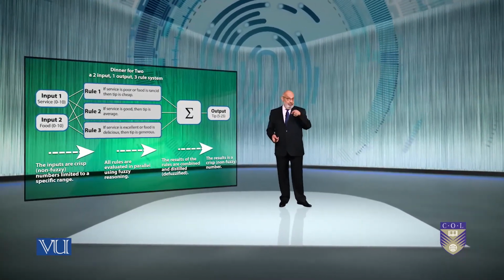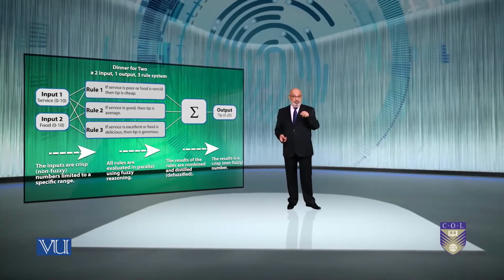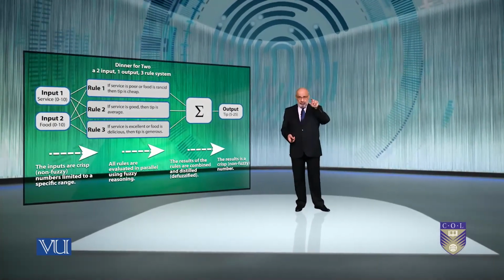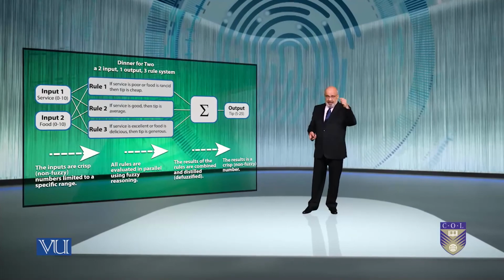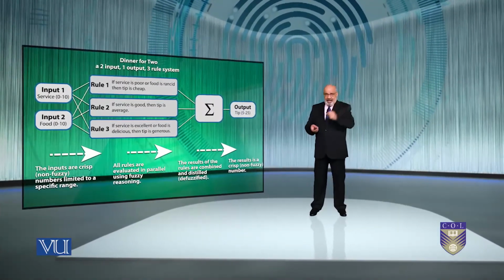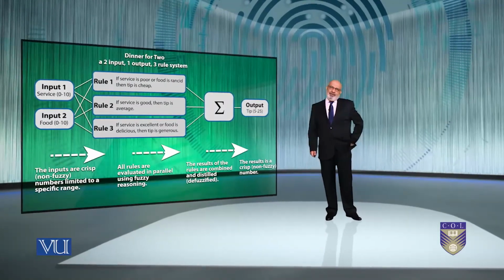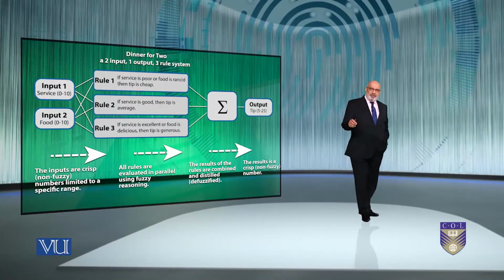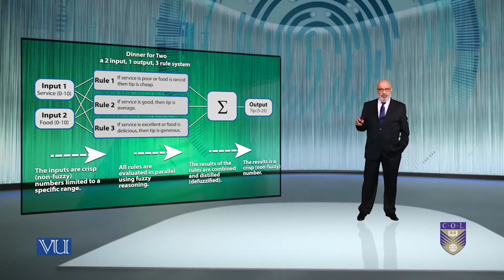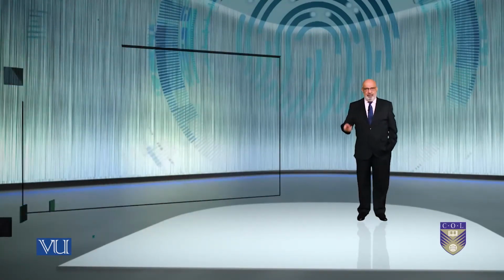So there will be application of the fuzzy operator, AND or whatever, then implication, the effect of each rule, and the aggregation of the consequences across the rules. And finally, defuzzification. So these 5 steps, I hope they're clear. We will use them in subsequent videos to actually demonstrate the case study that I've mentioned, where you go to a restaurant and decide how much tip you want to give.